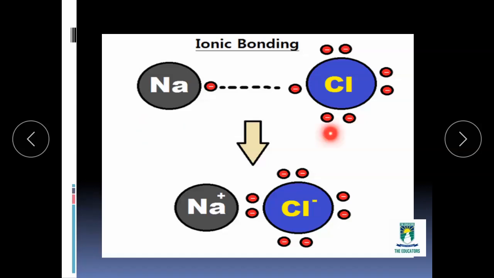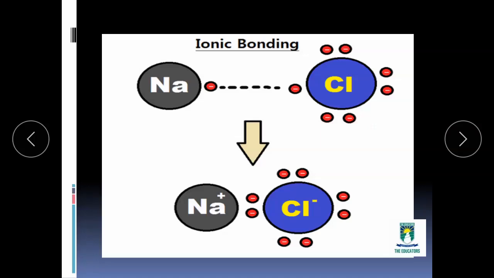On the other hand, for chlorine, the first shell will contain 2 electrons, the second shell will contain 8 electrons, and the last shell will contain 7 electrons. So there is 1 electron in the outermost shell of sodium and 7 electrons in the outermost shell of chlorine.